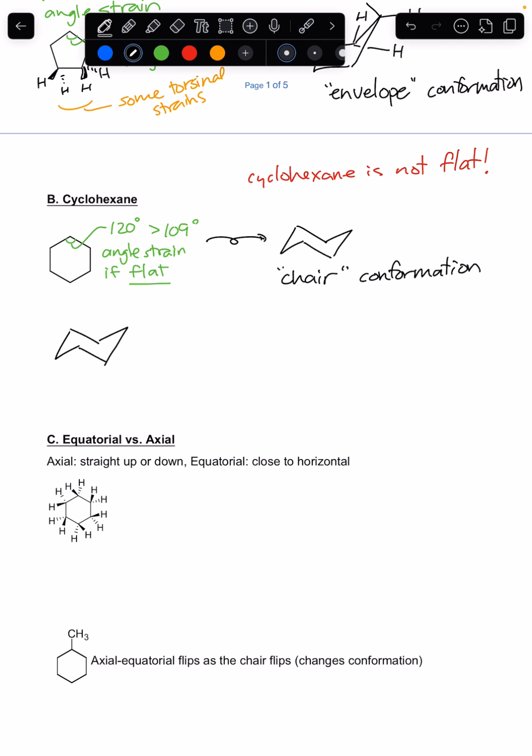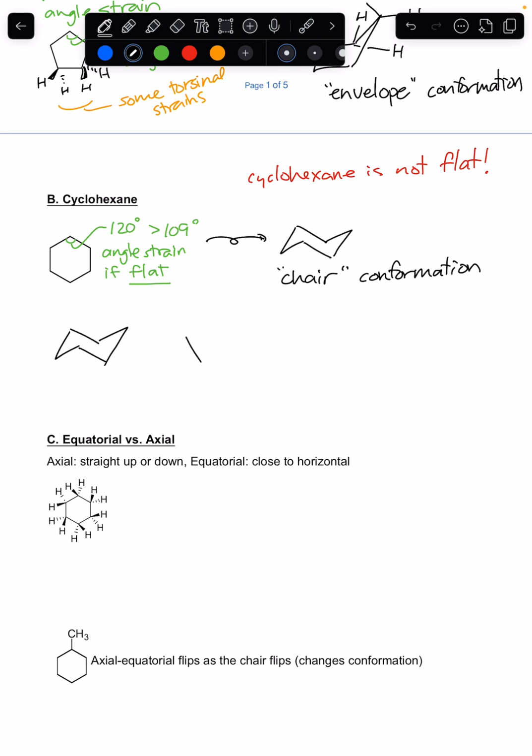And when a chair flip happens, and again, sorry, I don't know that I can explain this super well in an iPad video lecture, but I'm sure we'll demonstrate this in class in person. But even then, you would be looking at it from a distance, so just practice this with your own model kit.